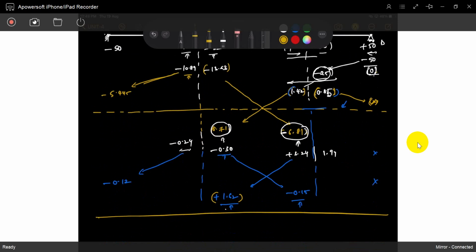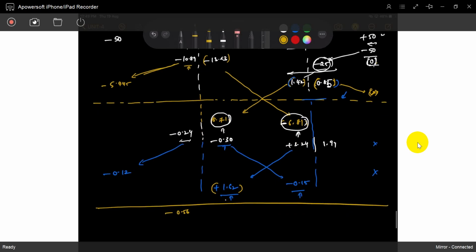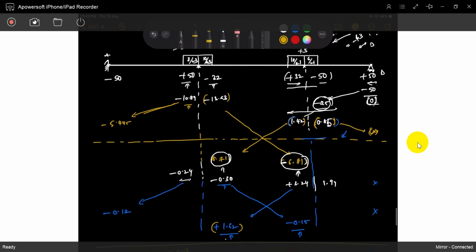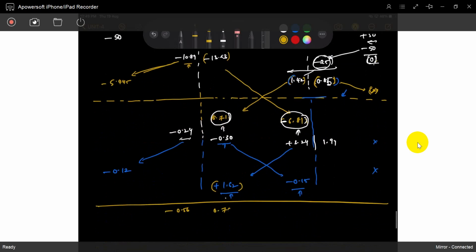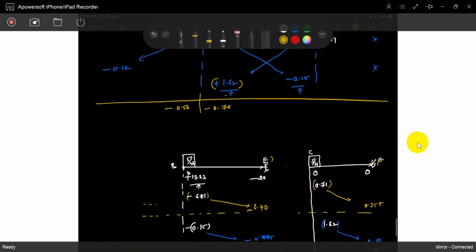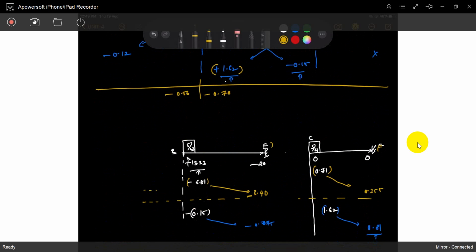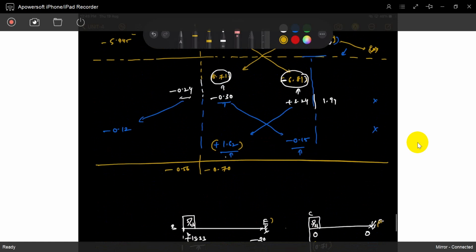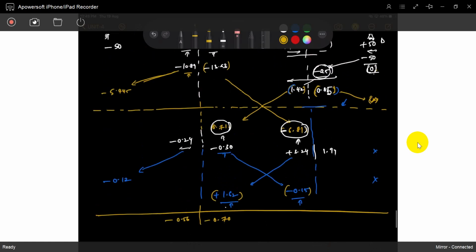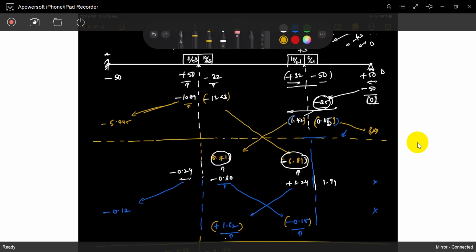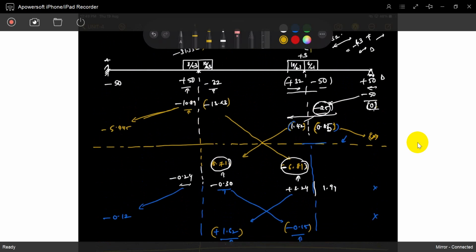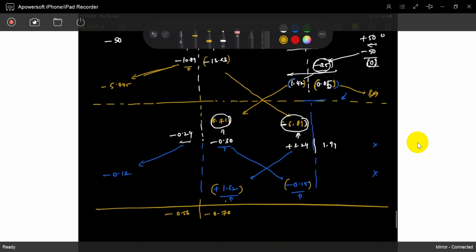0.56. 10 by 23, it's 0.7. For this, 5 by 23, 0.35. For this you have to distribute 0.15. 0.15 multiplied with 10 by 21, 0.07.